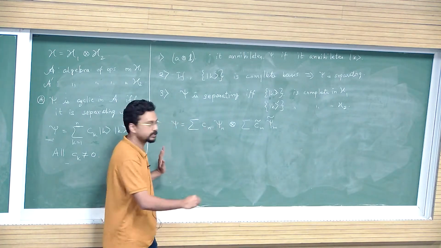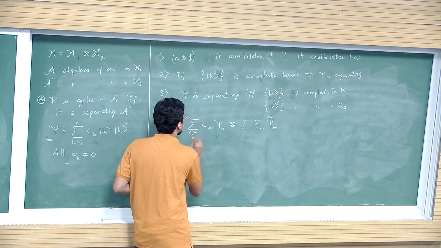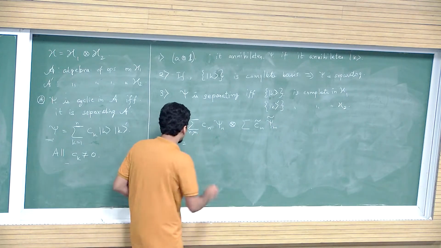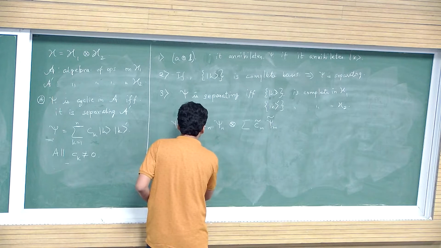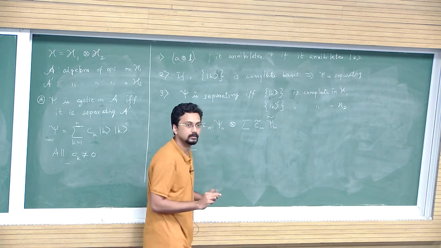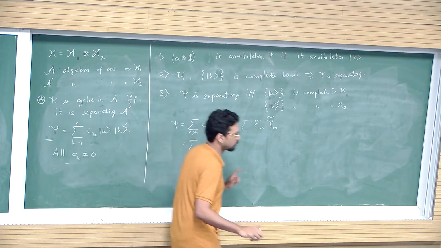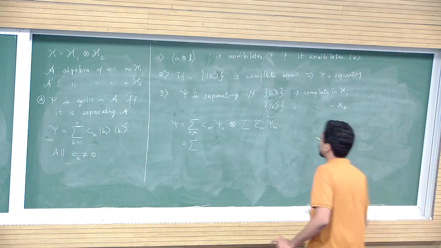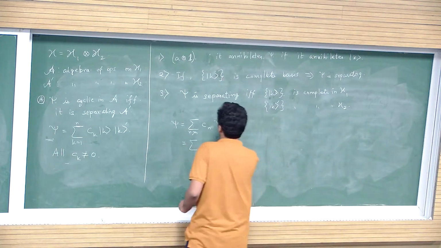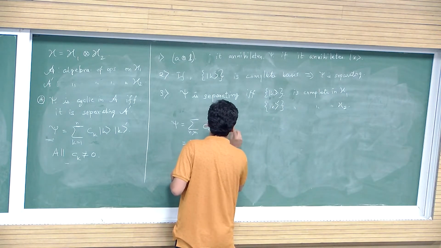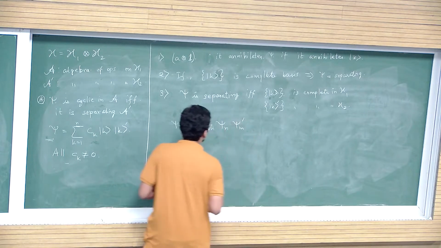This is the sum over n comma m, with coefficients C_nm.